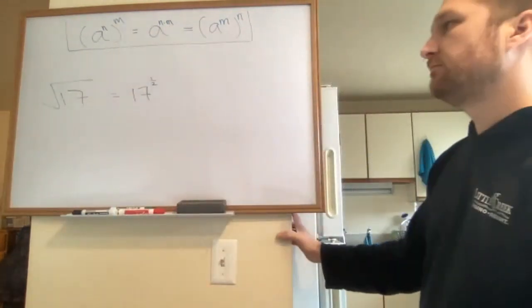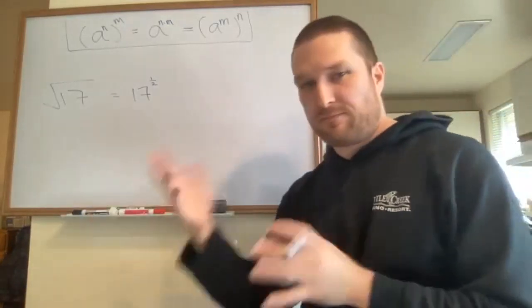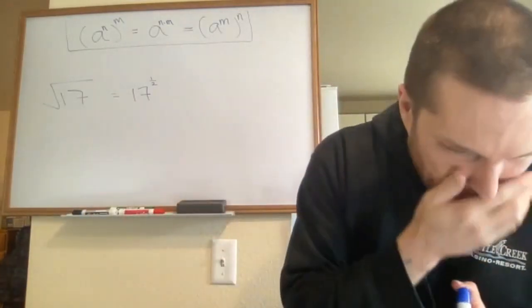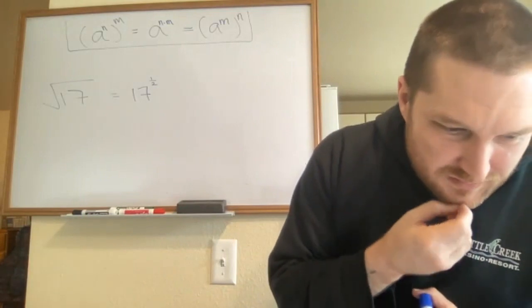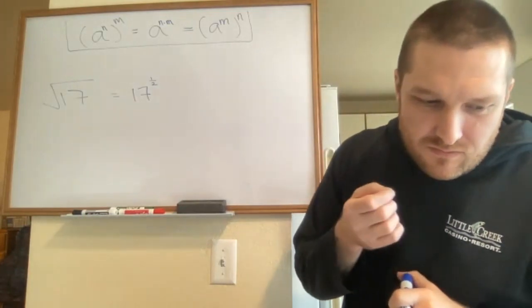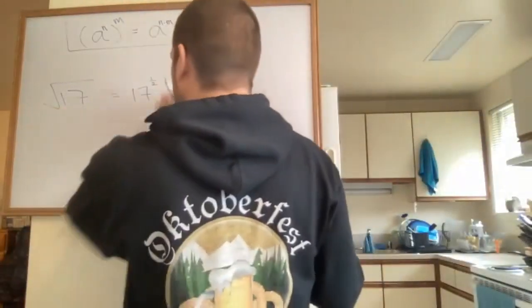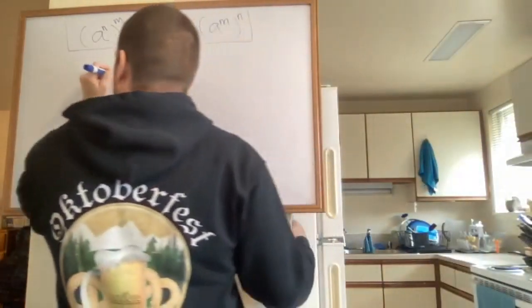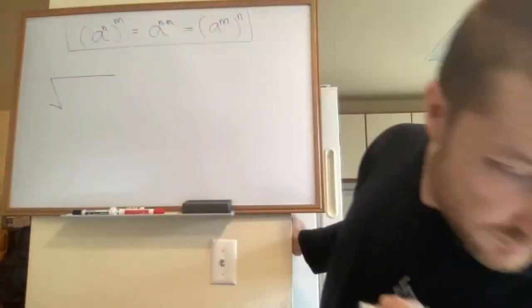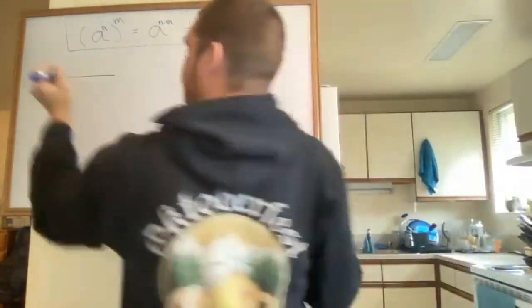That's all it is, going back and forth that way. Now, this is where it gets a little ugly. But let's do this. We want to do the fifth root.